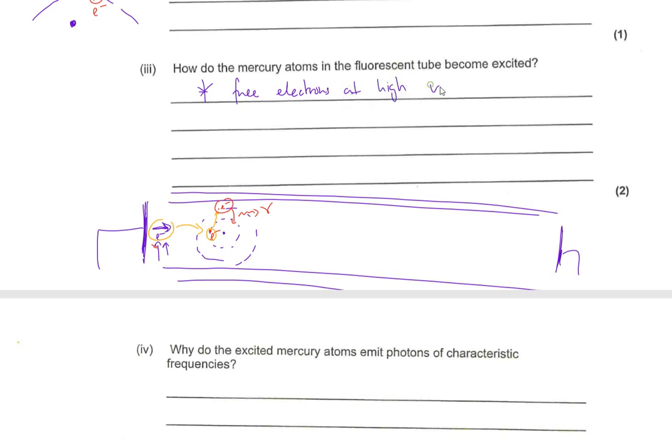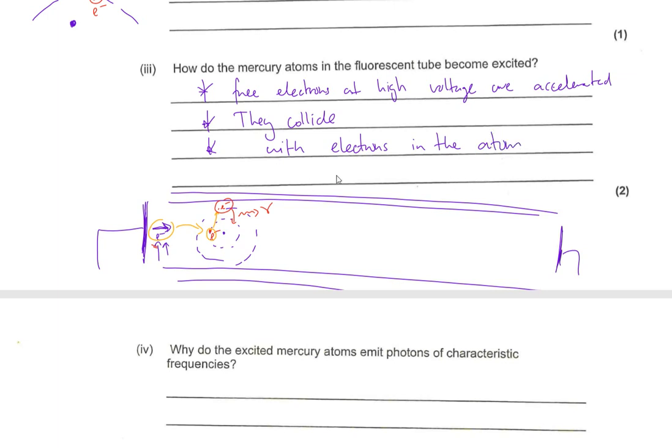So electrons at high voltage are accelerated. And what do they do? They collide with electrons in the atoms.